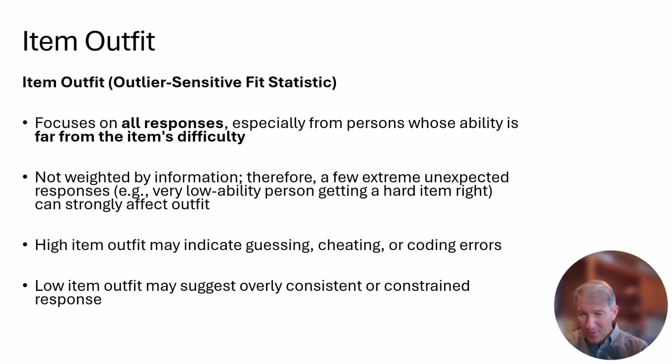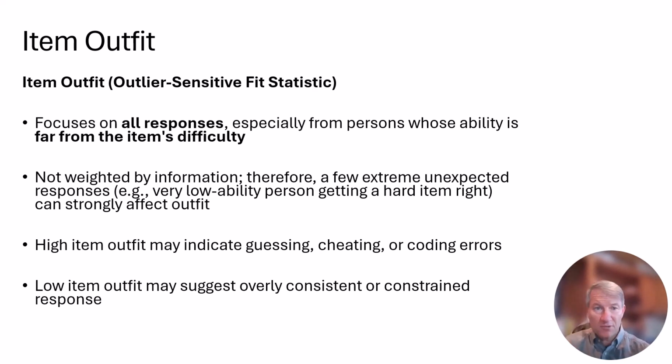And then the counterpart to item INFIT is item OUTFIT. Item OUTFIT stands for Outlier Sensitive Fit Statistic. And this fit statistic focuses on all the responses now, especially from persons whose ability is far from the item's difficulty. Outfit is not weighted by information, therefore it's sensitive to extreme values.